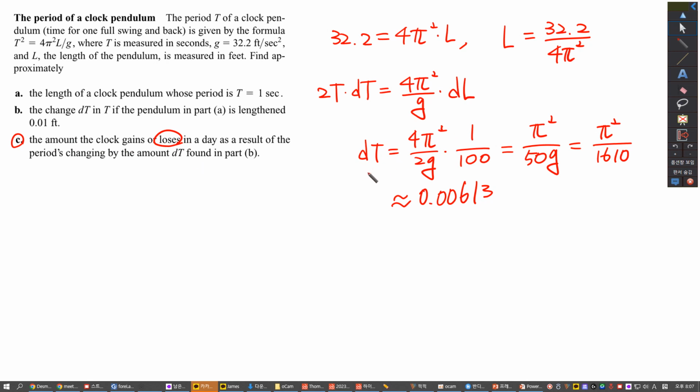So that means when the period increases about this second, how many seconds are in one day? 1 hour has 3,600 seconds, and it has 24 hours in a day.